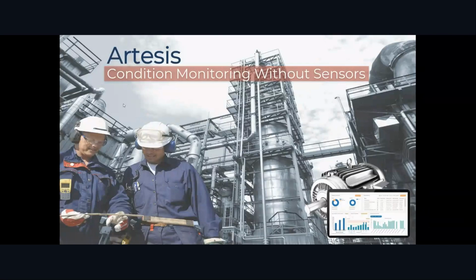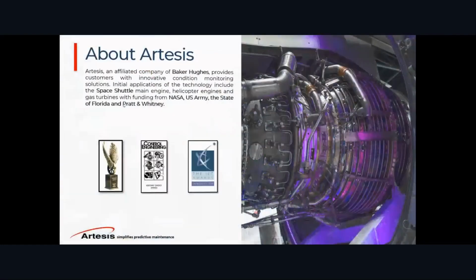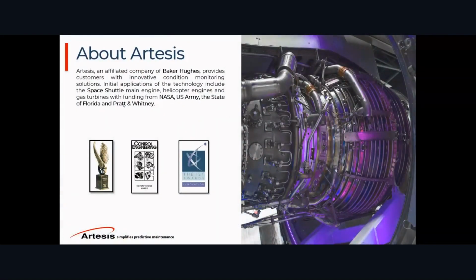Before we start, for the attendees who are new to our webinars, just a little bit of history of the company quickly. Artesis has been around for 20 plus years, and the initial applications of the Artesis technology go back to the late 1980s, where this model-based current and voltage system identification technique was initially started at NASA, and the initial applications were applied to helicopter motors and space shuttle engines.